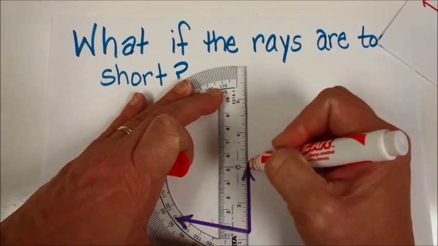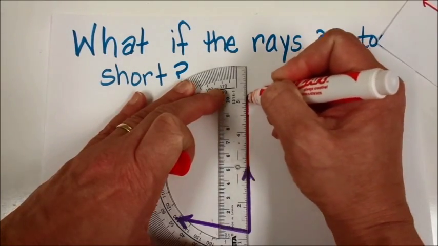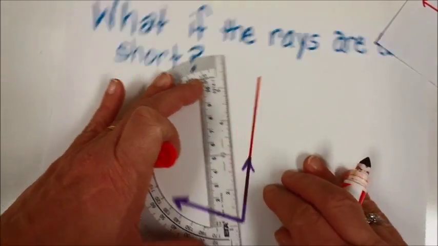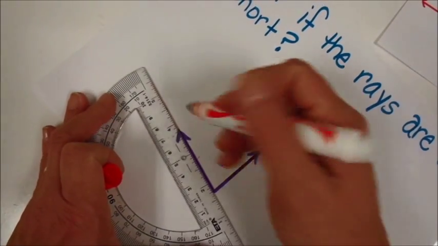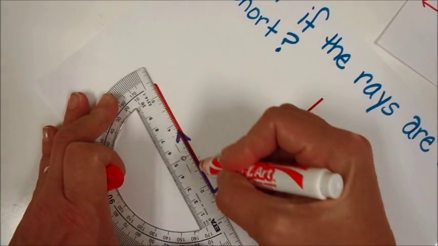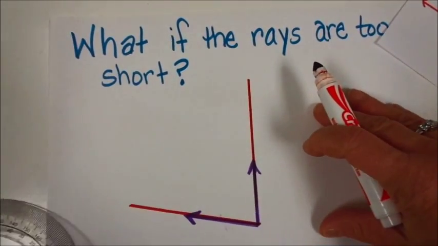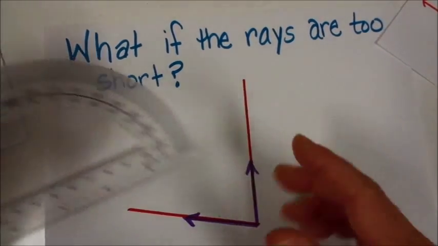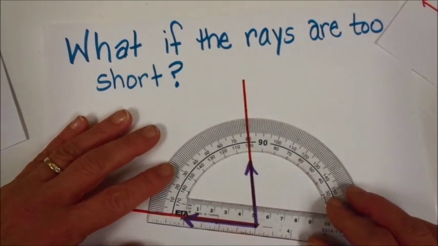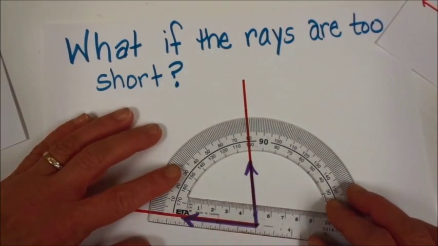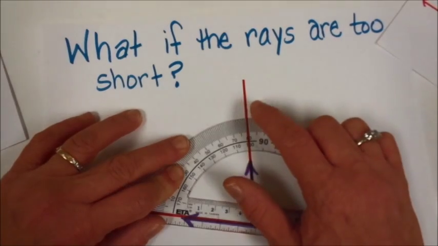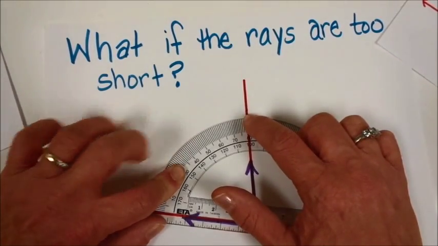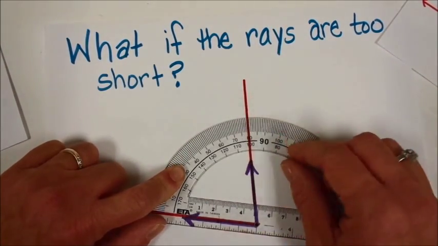You just have to be really careful and line it up exactly so that you don't change your measurement. Now that my lines are long enough, I can measure using the same method. Circle on the vertex, line on the ray, and this is almost exactly at 80 degrees, maybe a little bit shy of that, so 79.